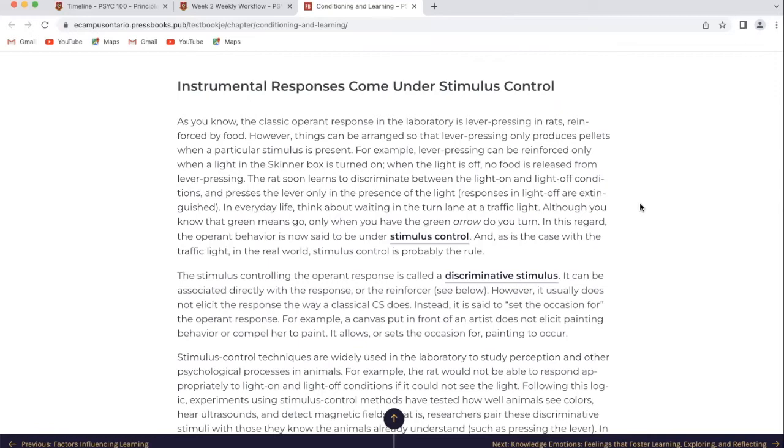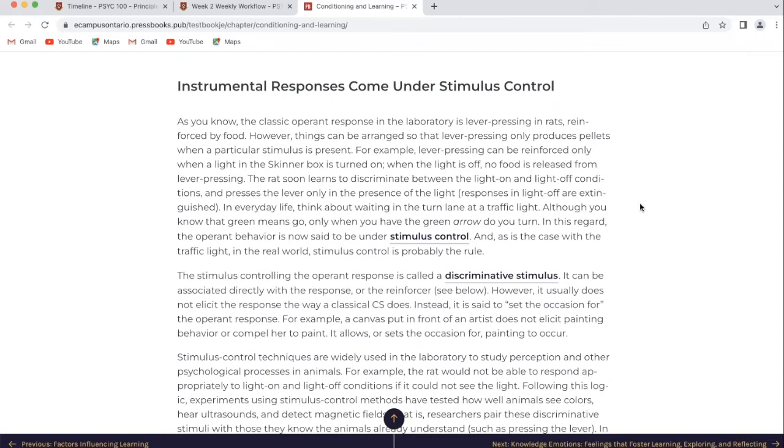For example, lever pressing can be reinforced only when a light in the Skinner box is turned on. When the light is off, no food is released from lever pressing. The rat soon learns to discriminate between the light on and the light off conditions and presses the lever only in the presence of the light. Responses in light off are extinguished.